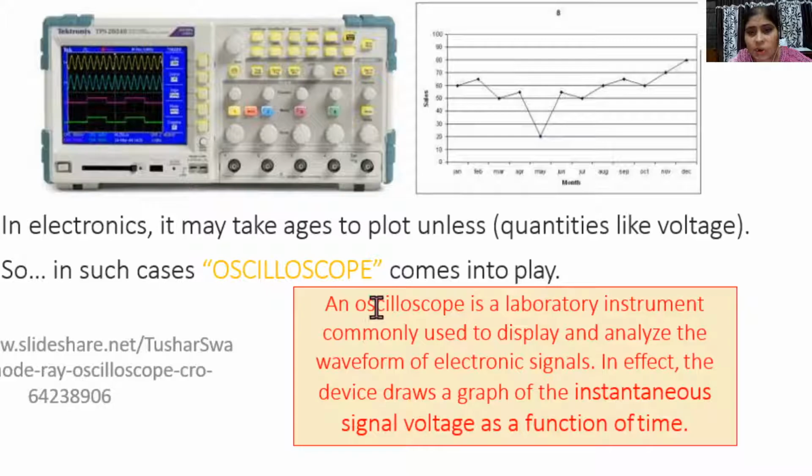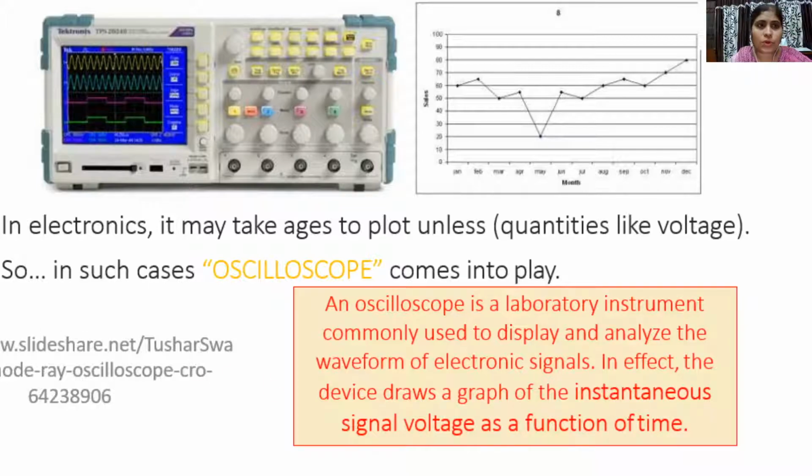Basically, the oscilloscope is a laboratory instrument commonly used to display and analyze the waveform of electronic signals. In fact, the device draws a graph of the instantaneous signal voltage as a function of time. Most of the time, we display the graph of voltage with respect to time.